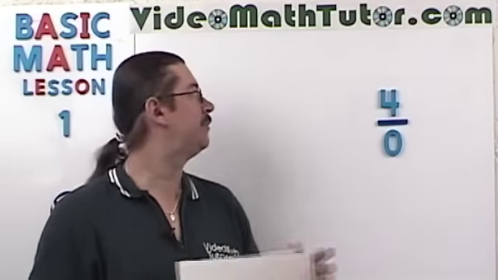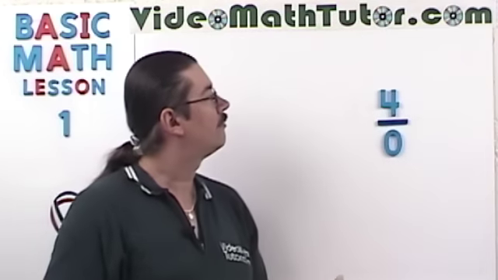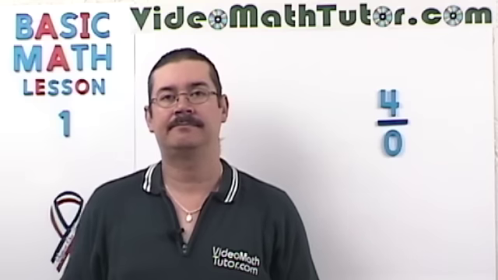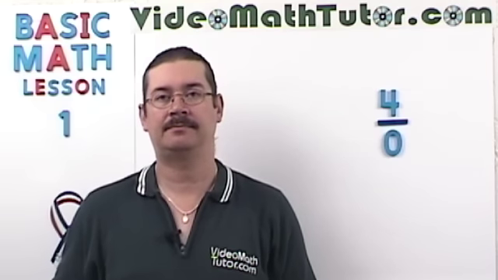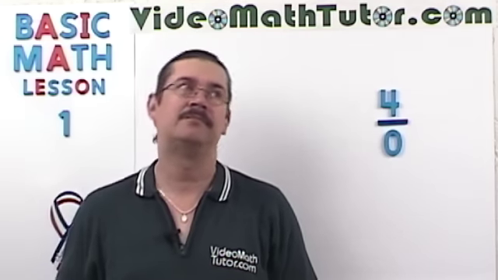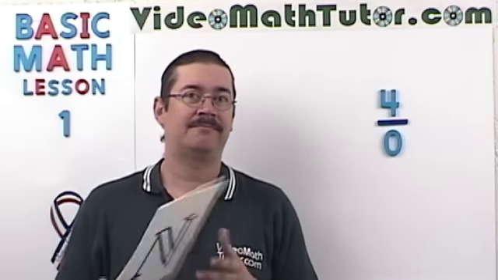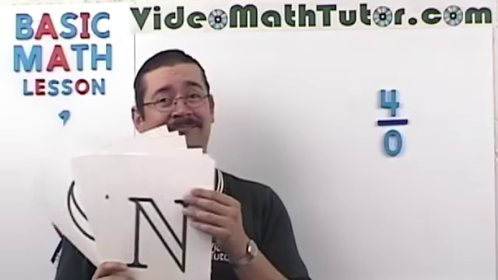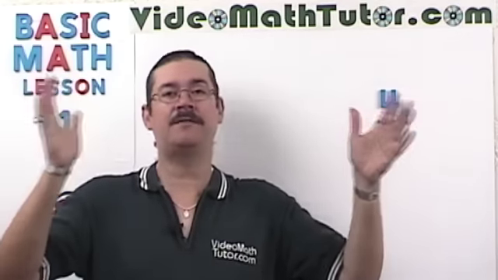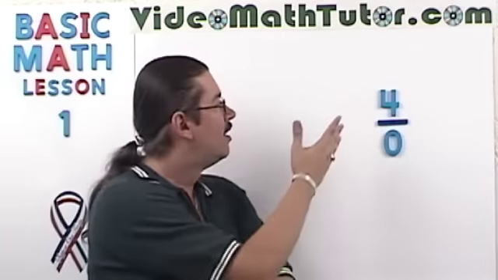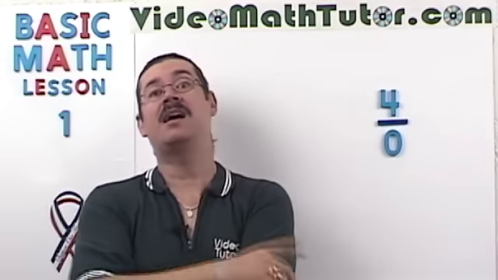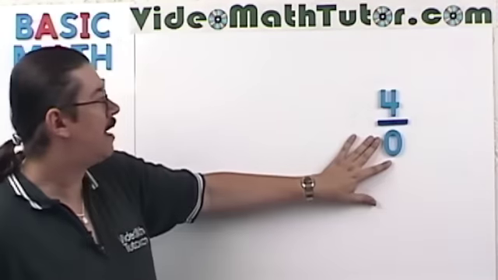Let's do another example. 4 over 0. What's that going to be? You go, is that 0? Well, which one of these is it? None of them. 4 over 0 is not even a number. It's undefined. We're not allowed to divide by 0.